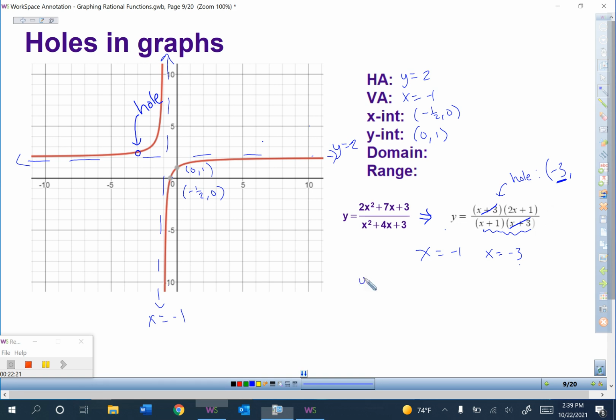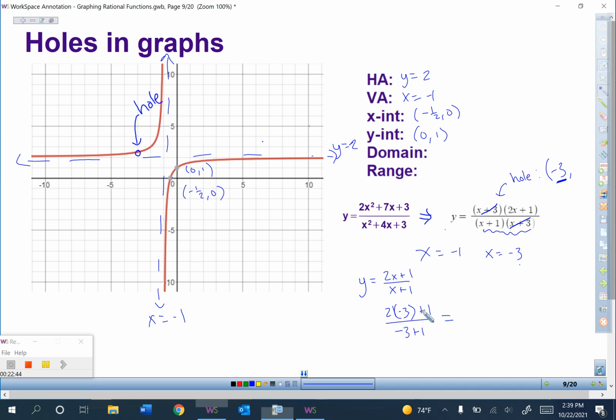So what we're going to do is take the y equals (2x plus 1) over (x plus 1) that we had. You already have this written down. And we're just going to plug in -3. So that's 2 times -3 plus 1 on top, and -3 plus 1 on the bottom.